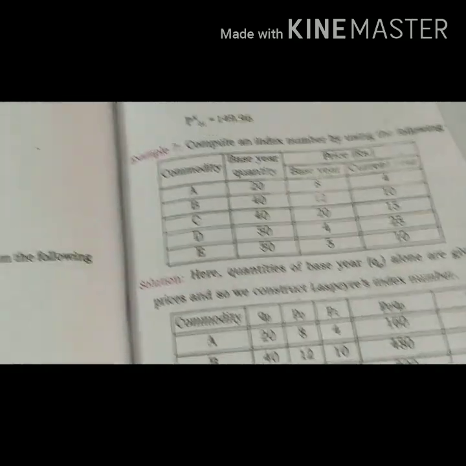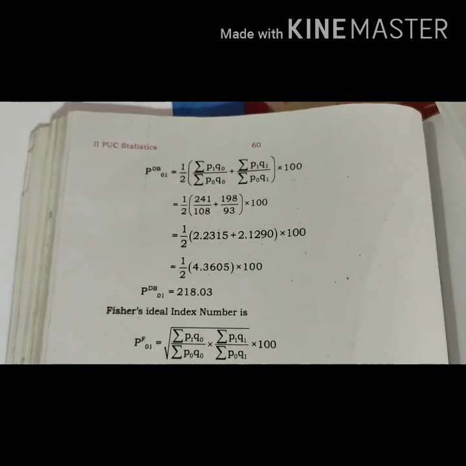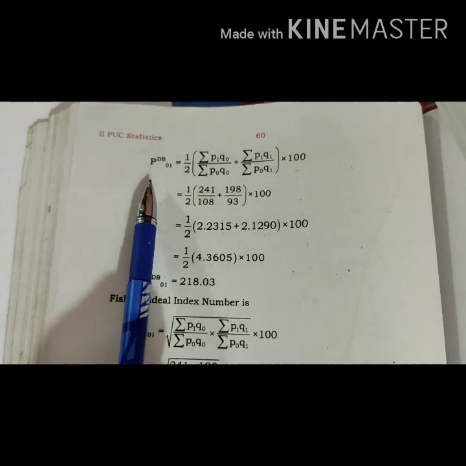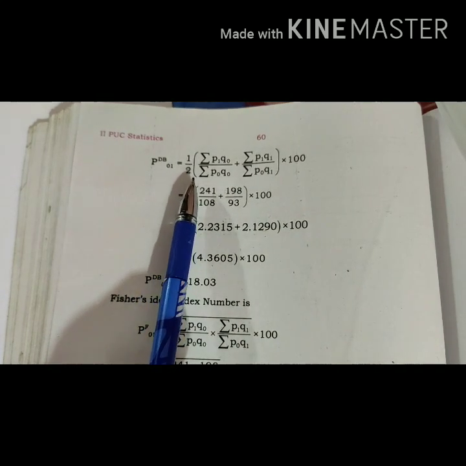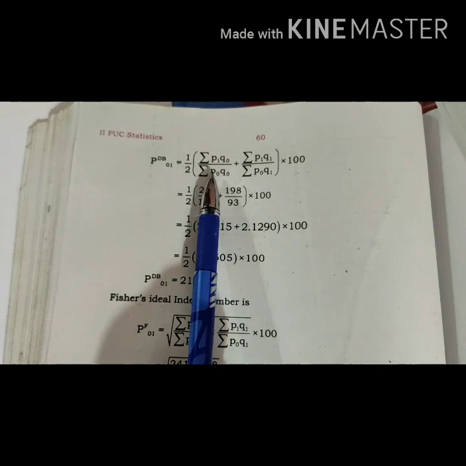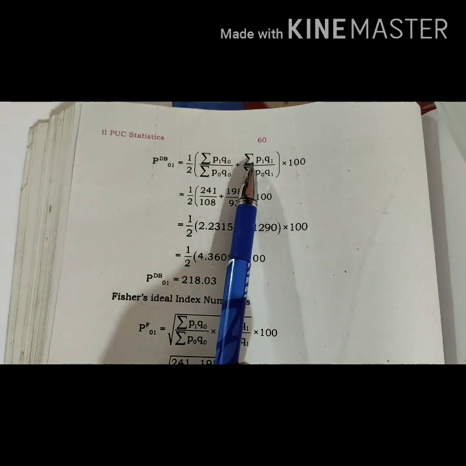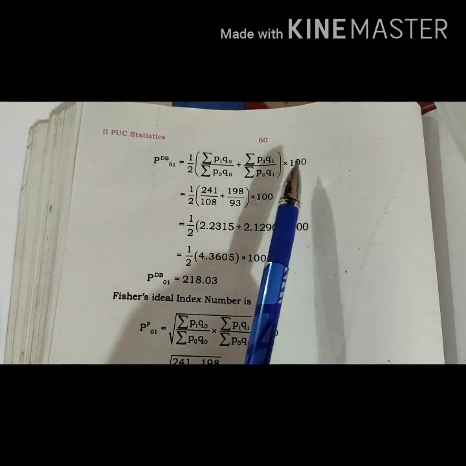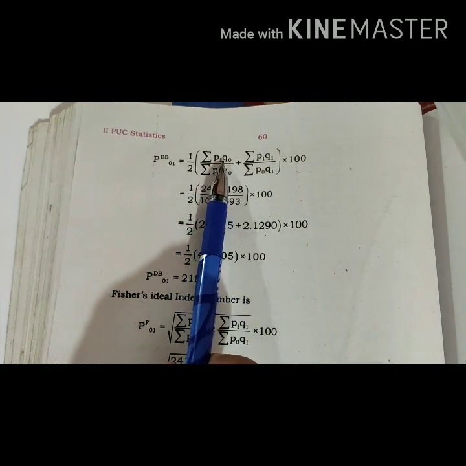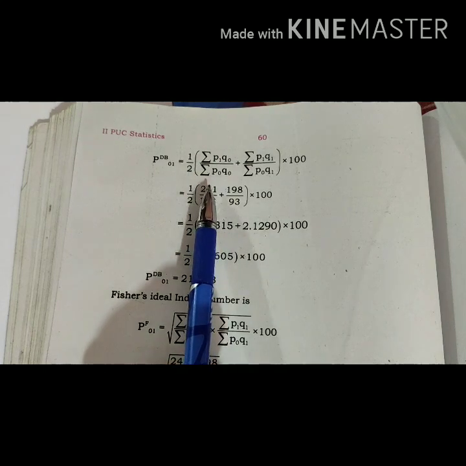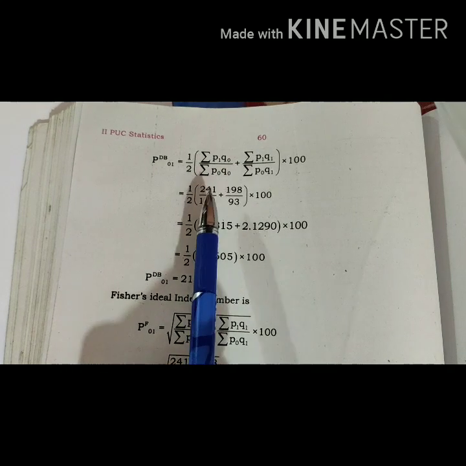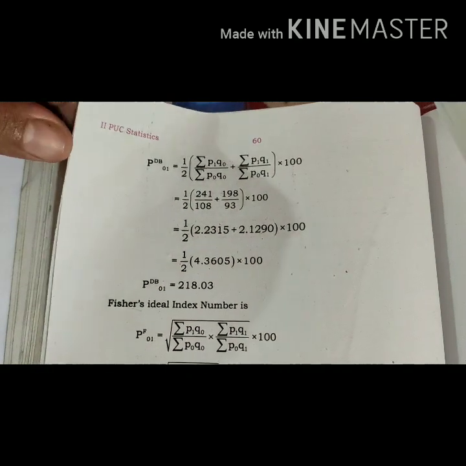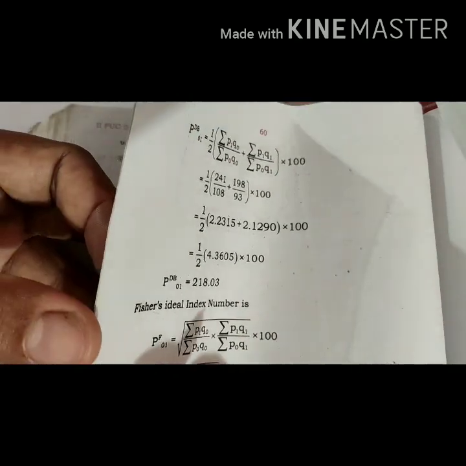So how is this solution done? Let us see the formula. PB is equal to PB01, which is equal to half of sigma P1 Q0 divided by sigma P0 Q0 plus sigma P1 Q1 divided by sigma P0 Q1, into 100. So P1 Q0 we have found already, it is 241. P0 Q0 is 108. All the total values we need to calculate.